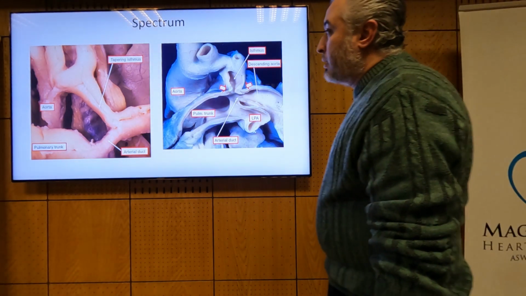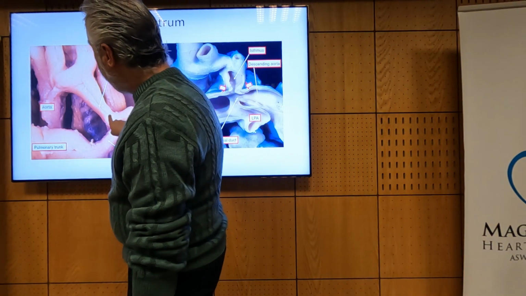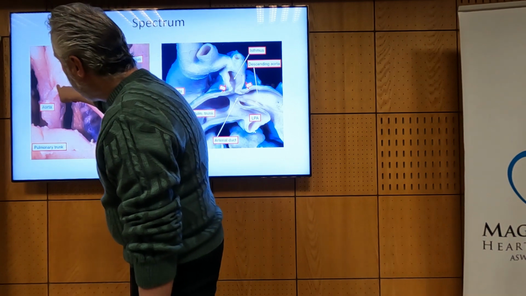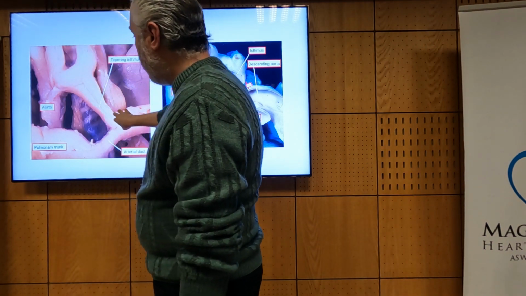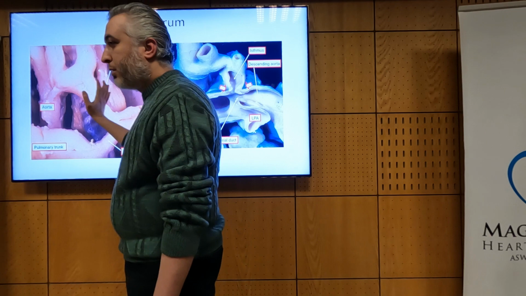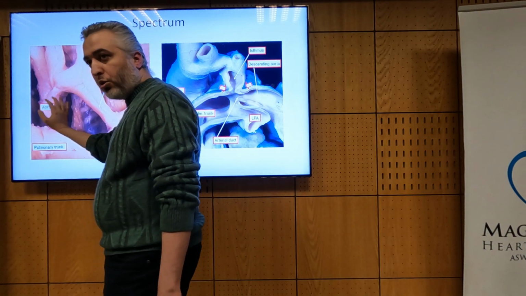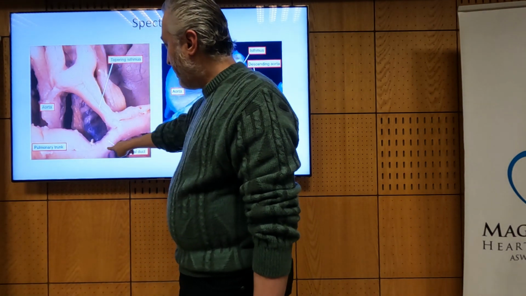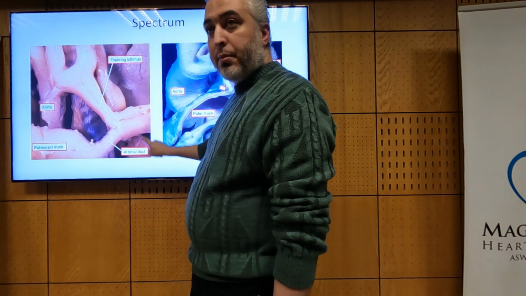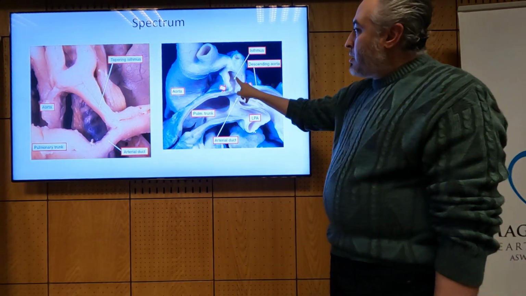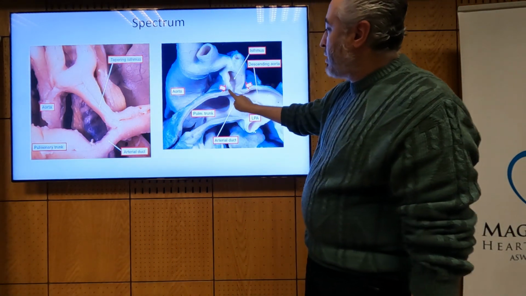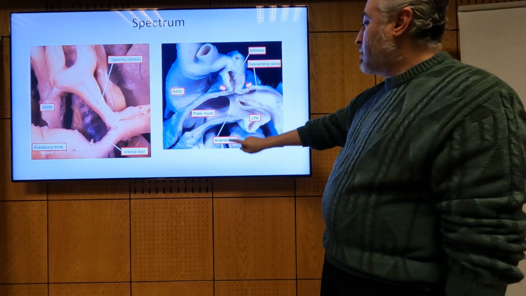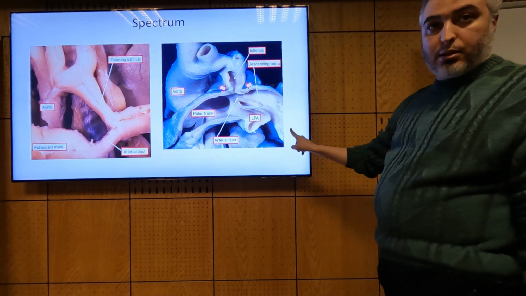So this is the patient that has a long narrow isthmus with a small arch, having the part of the spectrum towards the infantile coarctation, or the preductal one. This is the PDA, that is the descending. On the other hand, this is a well-developed arch with localized coarctation, again with a PDA going into the descending.